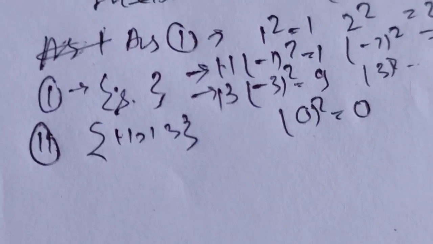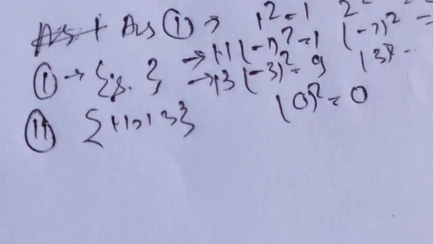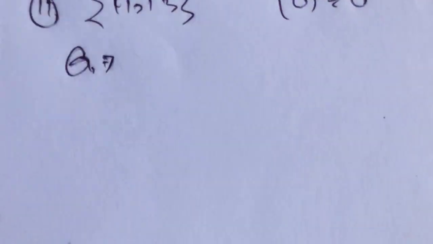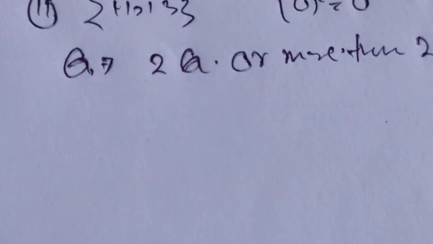I hope you understand this question, and I think question one is a very great question. If you understand, please make two questions, two or more than two, of your own creation.